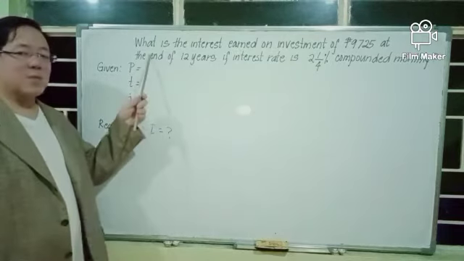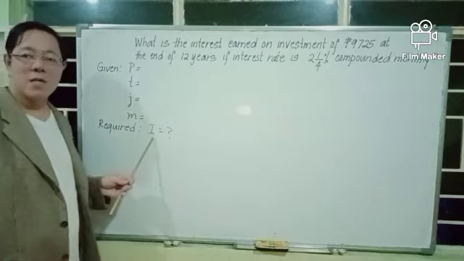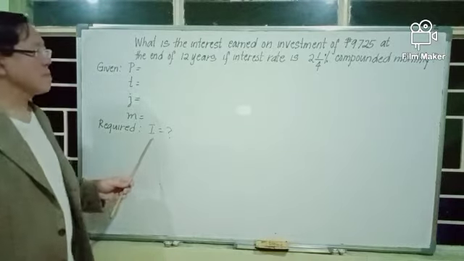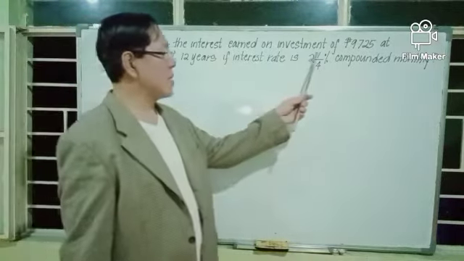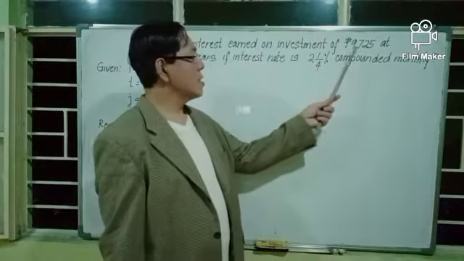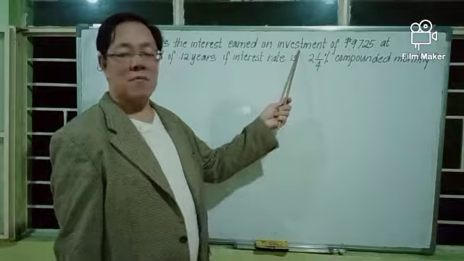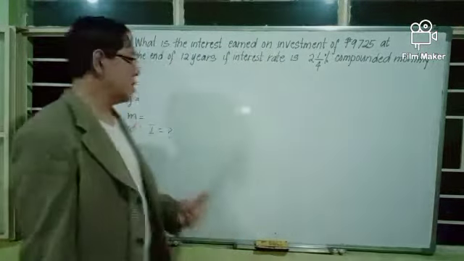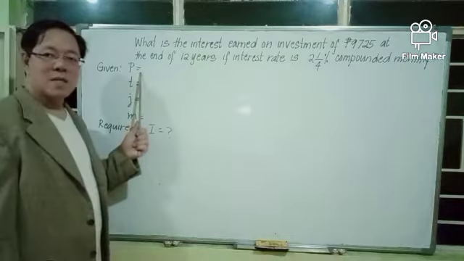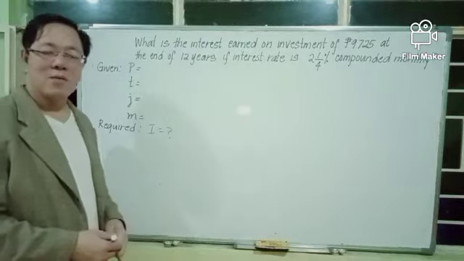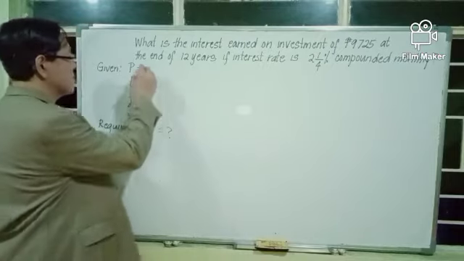The required for this problem is to find the interest earned denoted by capital I, or the amount of interest earned on the investment of 9,725 pesos. This amount of investment is the principal denoted by capital P. Capital P is the principal of 9,725 pesos.